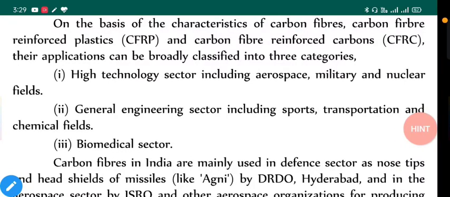First, the high technology sector including aerospace, military and nuclear fields. So a very important sector. Second, the general engineering sector including sports, transportation and chemical fields. And last, biomedical sectors. Carbon fiber materials are extremely strong and very heat resistant, so we can use them in multiple different ways.